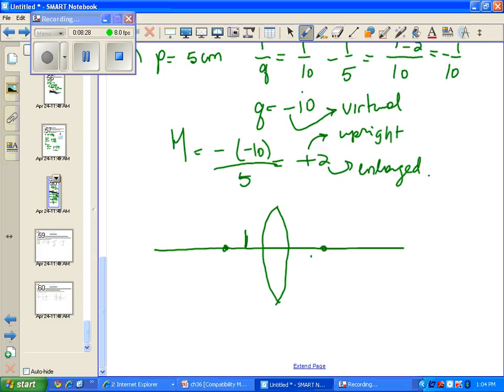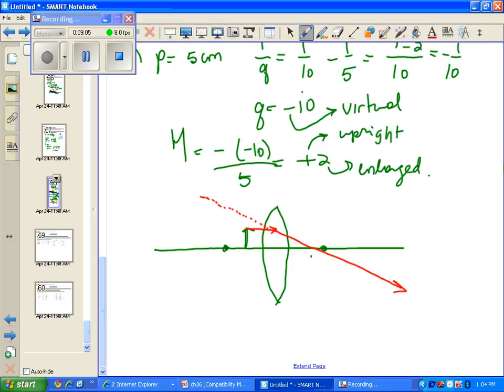Here is our object within the first focus and first principal ray, parallel to the principal axis, and transmits through F, but because we know it's a virtual image, we are going to have to backtrace it because a virtual image forms on the same side as the object.